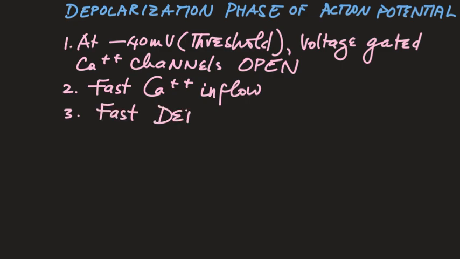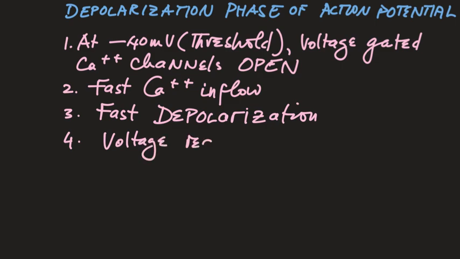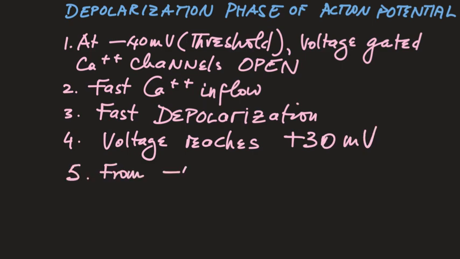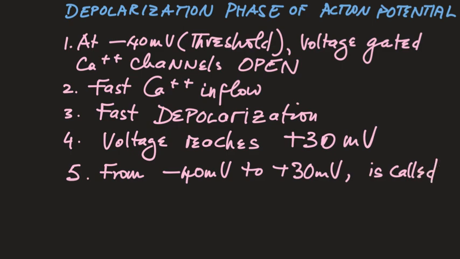Calcium inflow brings in positive charges, so this causes a rapid depolarization that makes the voltage go up all the way to plus 30 millivolts. So from minus 40 millivolts to plus 30 millivolts, we call it the depolarization phase of the action potential. It is the rising phase when the voltage increases.